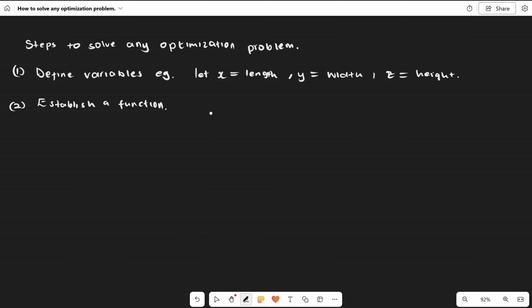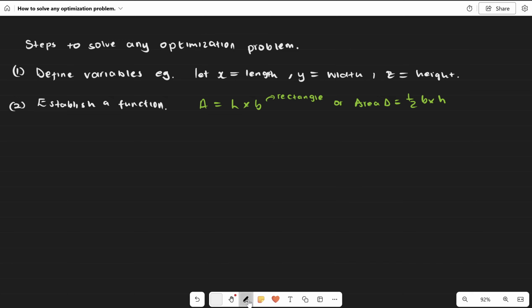You know that area is equal to length times breadth, say the area of a rectangle. Or let's say it's the area of a triangle: half base times perpendicular height, right? So this is what we mean by establish a function.